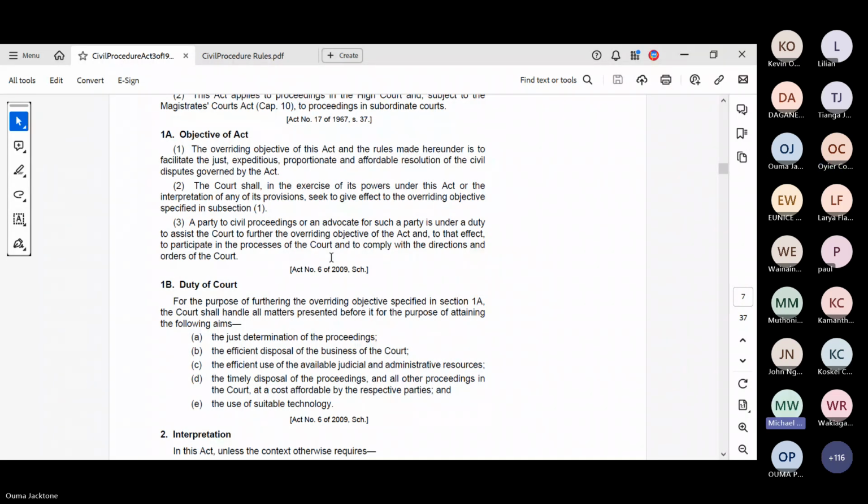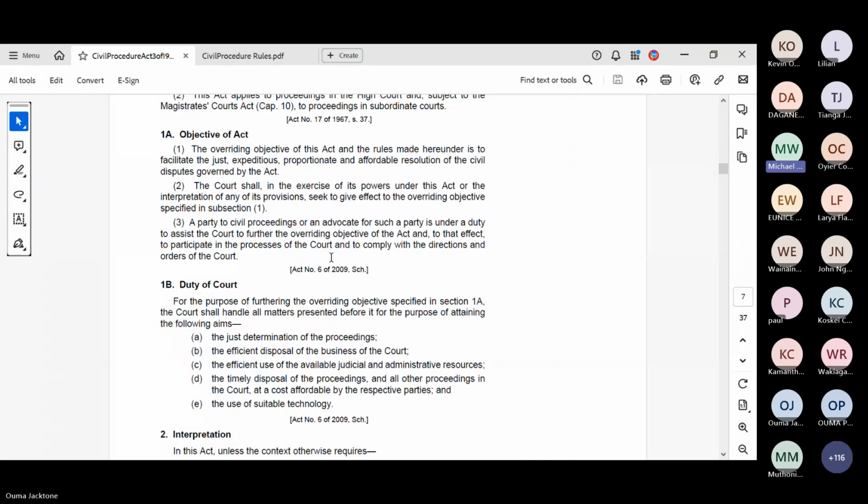The overriding objective of this act and the rules made hereunder is to facilitate the just, expeditious, proportionate, and affordable resolution of the civil disputes governed by the act. The court shall, in the exercise of its powers under this act or the interpretation of any of its provisions, seek to give effect to the overriding objective specified in subsection 1.